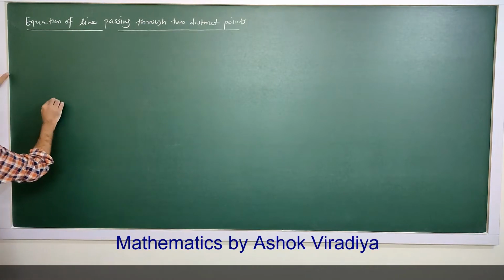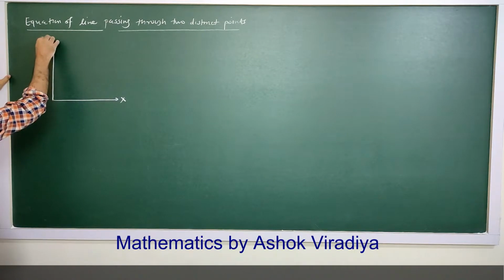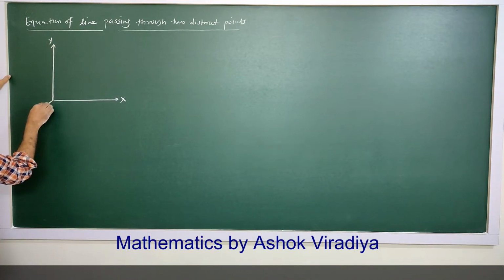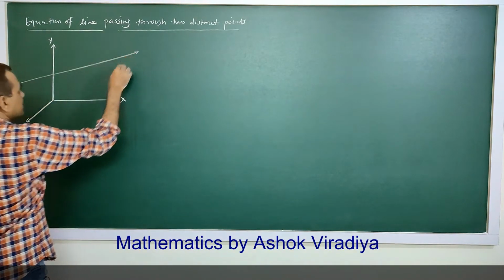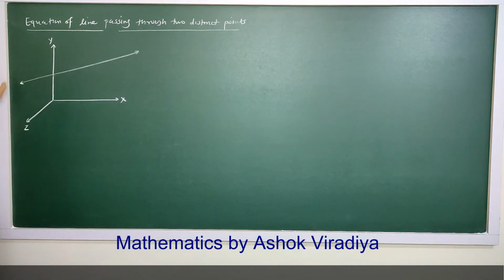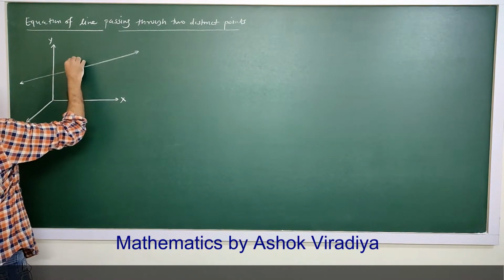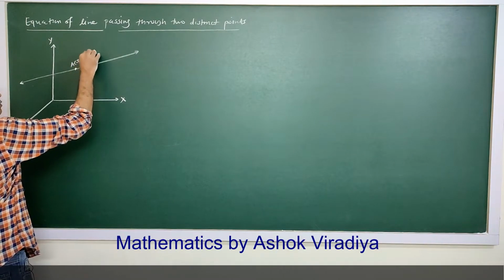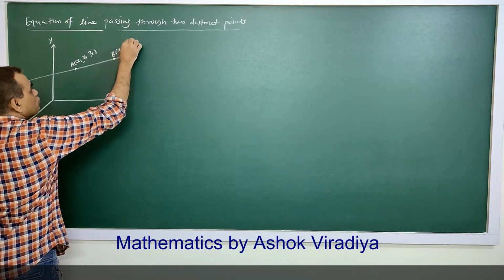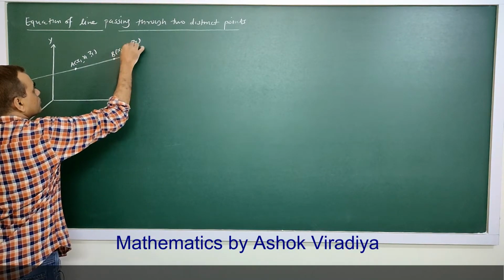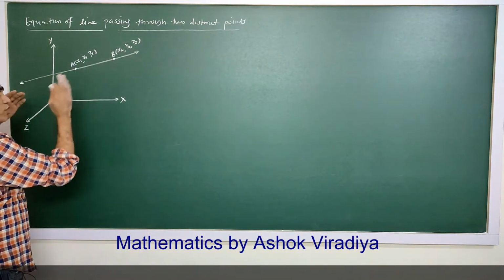Say this line is the x-axis, this is the y-axis, this is the z-axis. Suppose that this line is passing through 2 points. A is x1, y1, z1, and B has coordinates x2, y2, z2. We want the equation of this line.